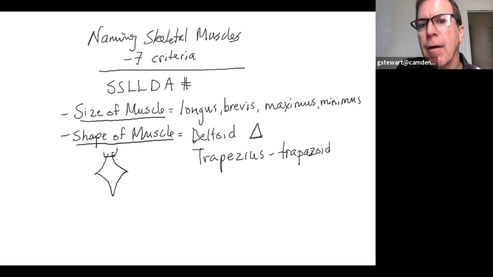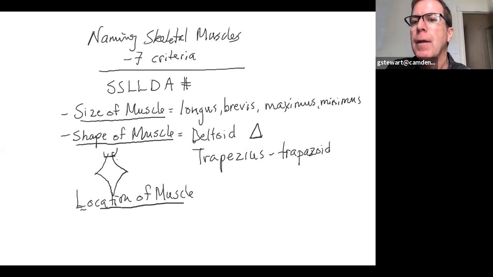That first L stands for location of muscle. Some muscle names have their location on the body or within the body in the name itself. Examples of this would be things like brachii means upper arm.